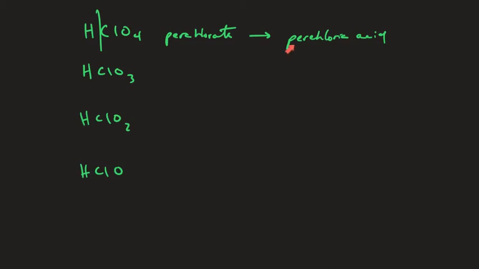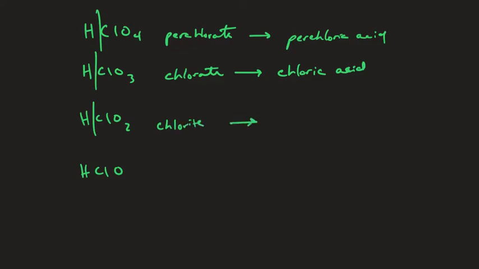I kept the prefix per, but I did change the suffix from ate to ic. HClO3, ClO3 is a chlorate ion, from your ion sheet. We don't need to add any prefixes here, so that's going to be chloric acid. We changed the ate to ic. And then here, HClO2, this is chlorite.